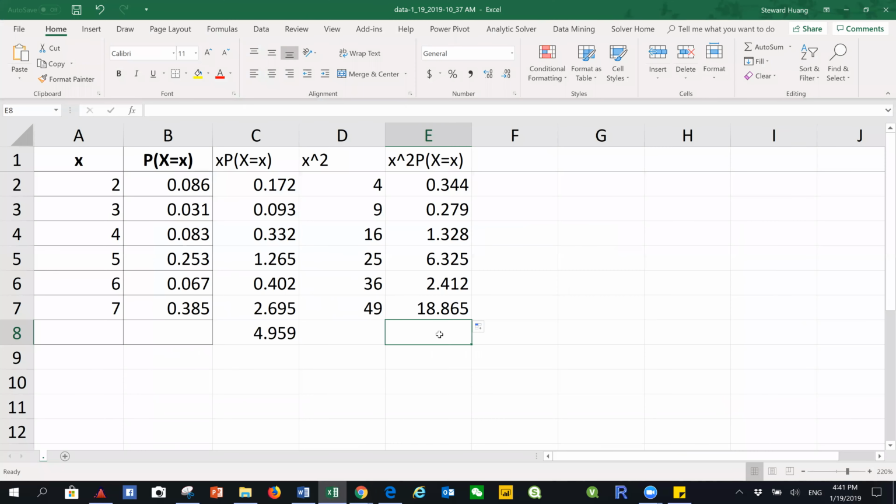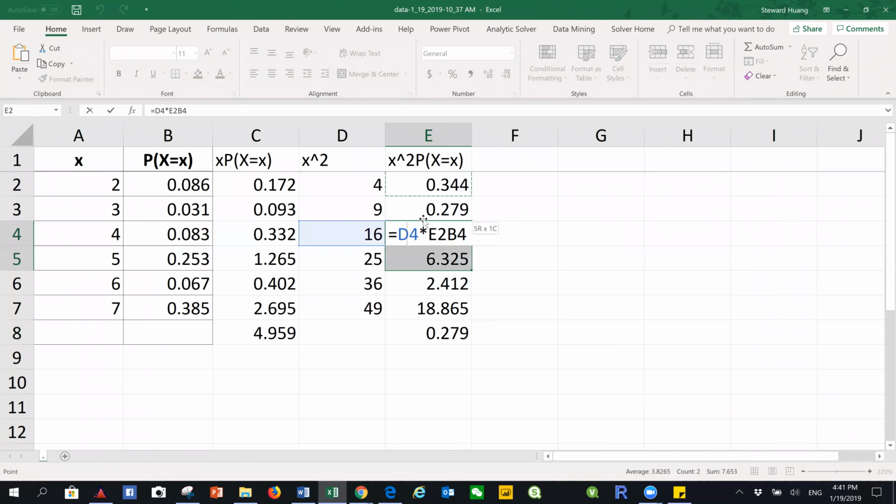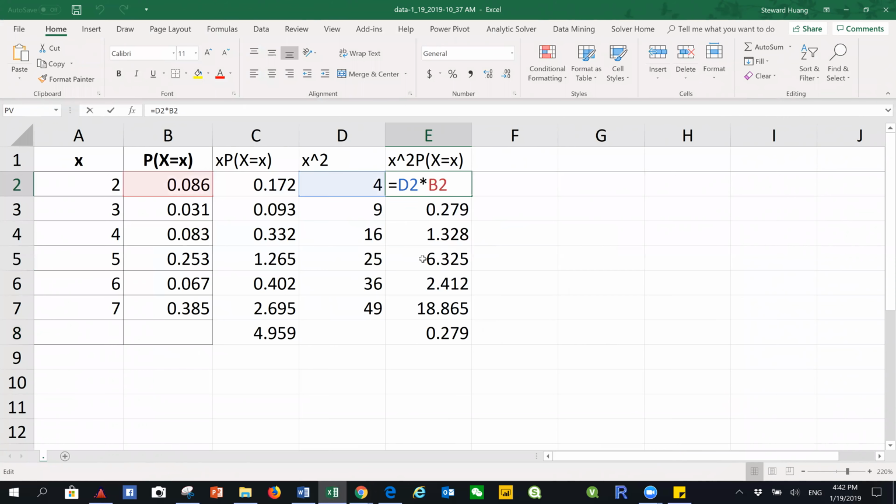You take the sum of all these guys, and then minus mu squared.